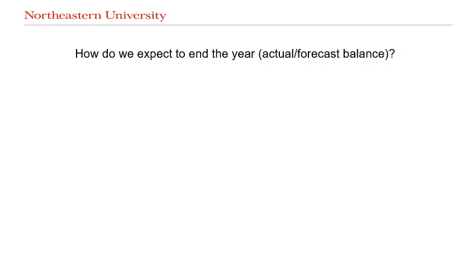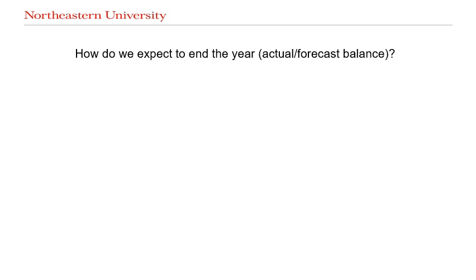The Statement of Financial Activities can also tell us how we can expect the year to end, what the balance will be at the end of the year, known as actual/forecast. This is a concept that basically says, let's take whether revenue or expenses, what has actually happened in, let's say, the first 3 months or 6 months, and add that to what we budgeted to happen for the remainder of the year, for the final 3 quarters or the final half of the year.